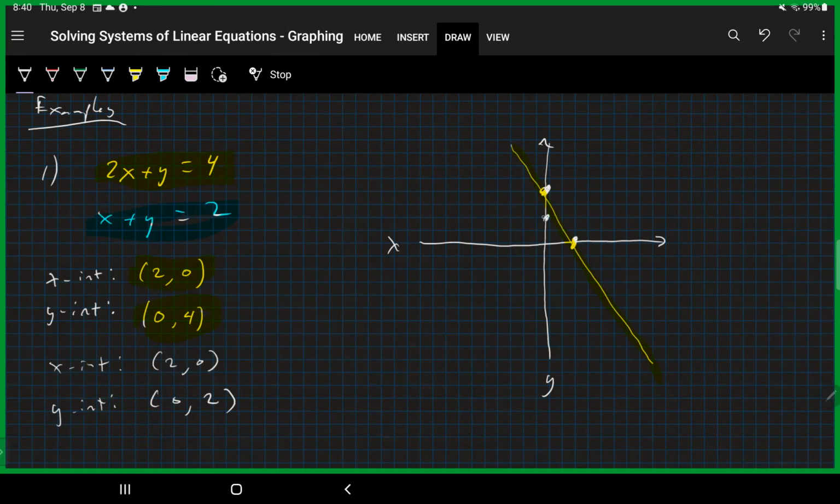And so I can plot my points, and I can connect my dots, and we're going to get two lines that have slightly different slopes, and they intersect at the x-intercept. Let me highlight things in blue. And our intersection is the solution, and the solution is at (2, 0).